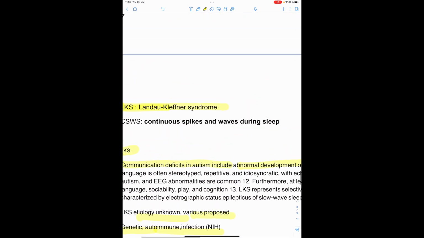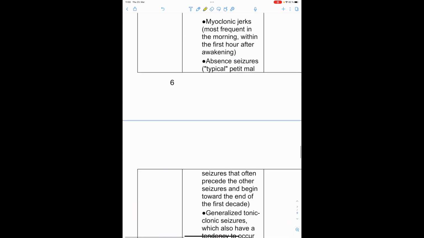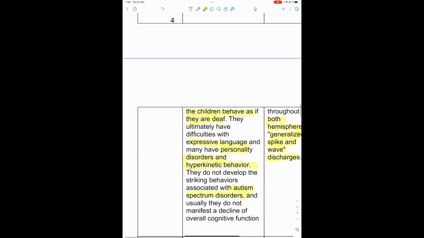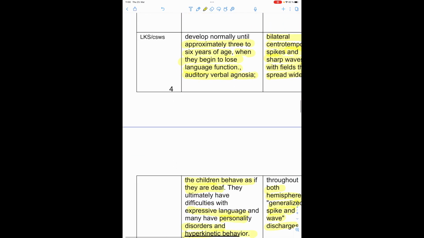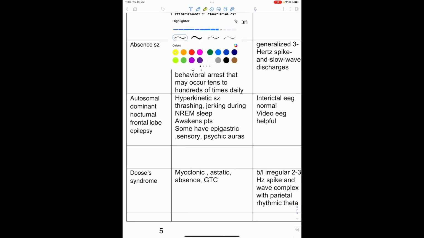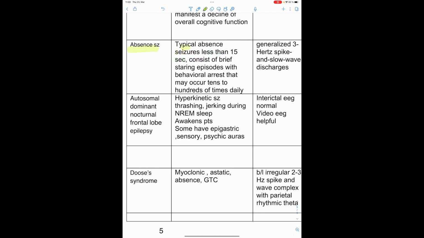This can be genetic, autoimmune, or infection. So next we have absence seizure. In absence seizure, the typical absence seizure is less than 15 seconds, consists of brief staring episodes with behavior arrest, and that may occur tens to 100 times a day.